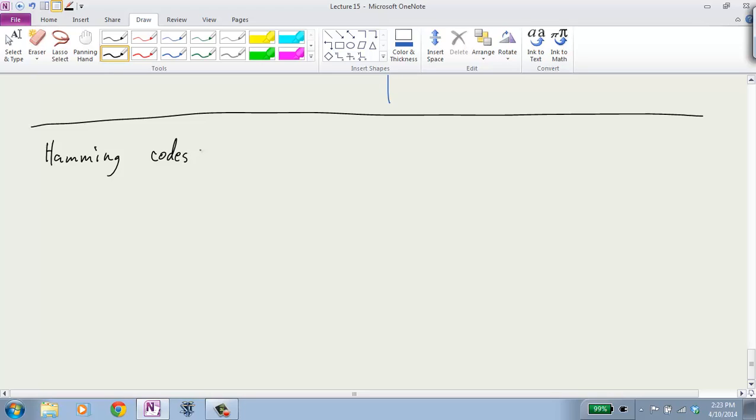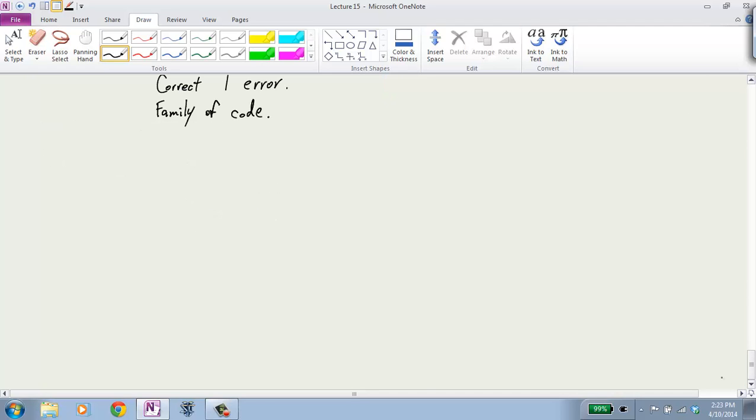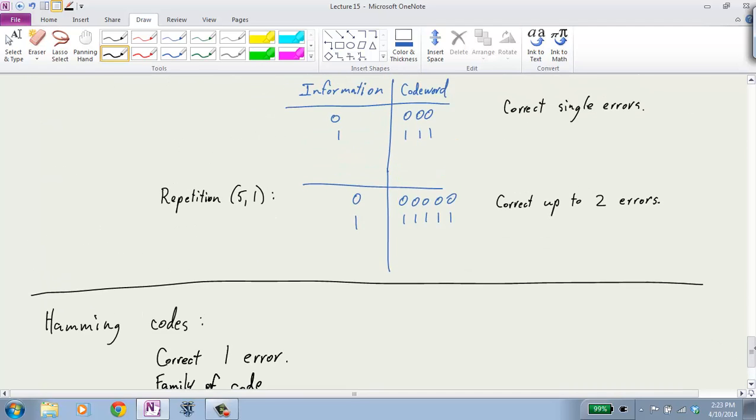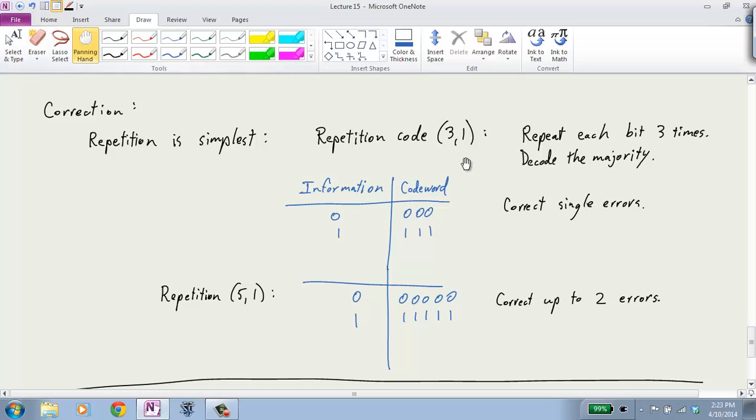Okay, so the Hamming codes are a family of codes that correct one error. You can make them longer and longer, and they have a certain amount of redundancy that they will always use. In fact, the repetition 3-1 code is a Hamming code.